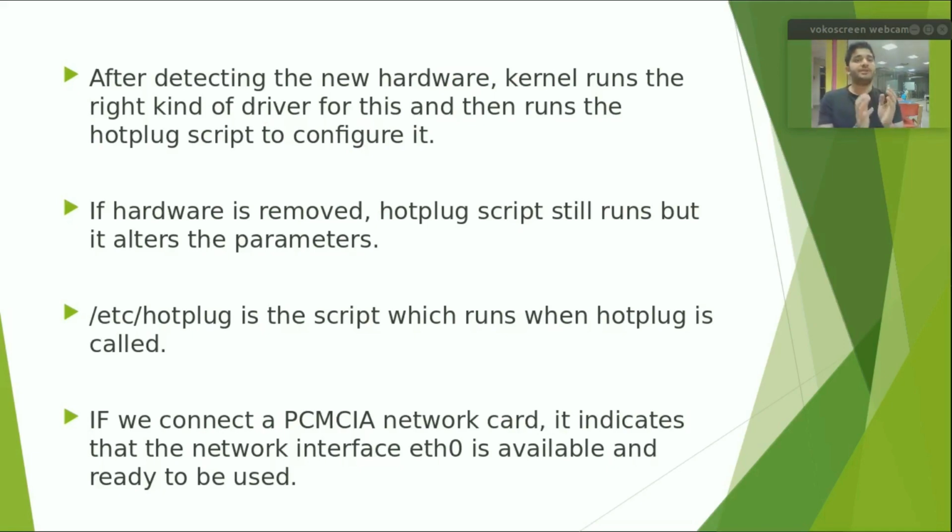The kernel is going to detect the new hardware, and then the kernel runs the right kind of driver. So first it detects the hardware, and after detecting the hardware, it is going to run the specific kind of driver. Once that driver is running, it runs the hotplug script to configure it.